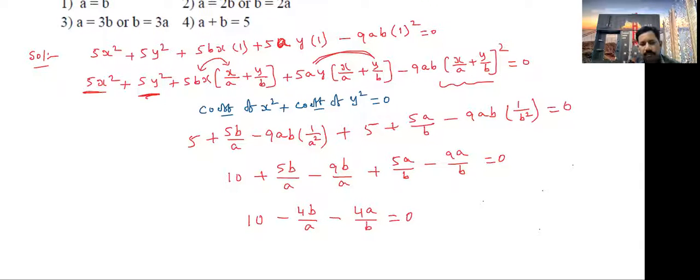So take the LCM, we get (10ab minus 4b square minus 4a square) divided by ab, that is sent to the right hand side.